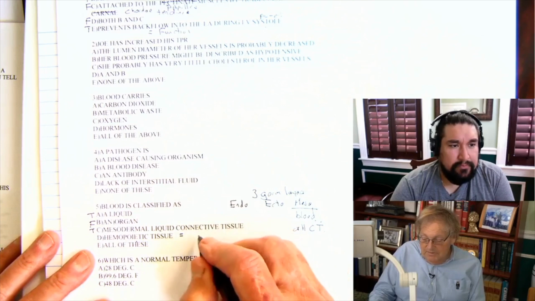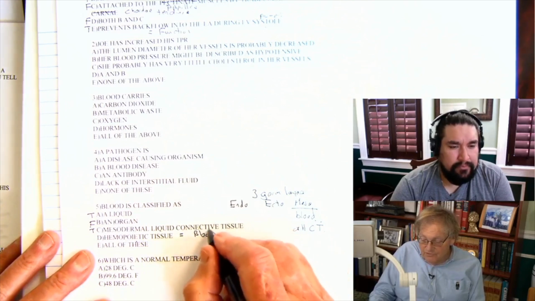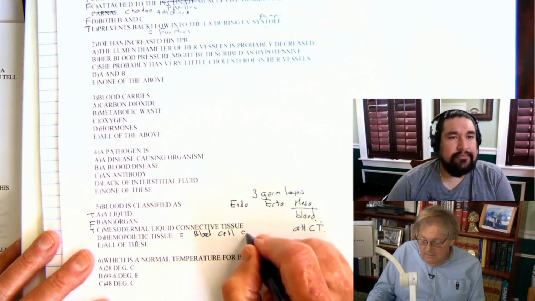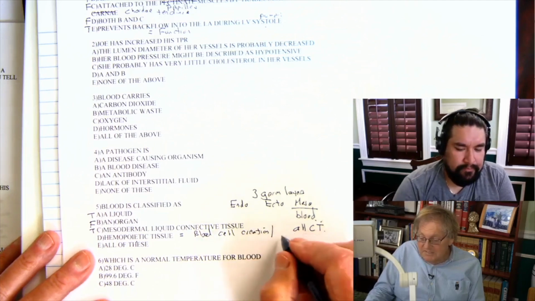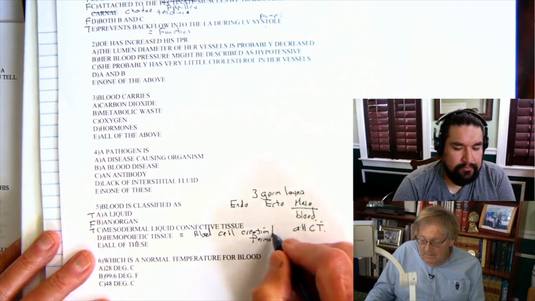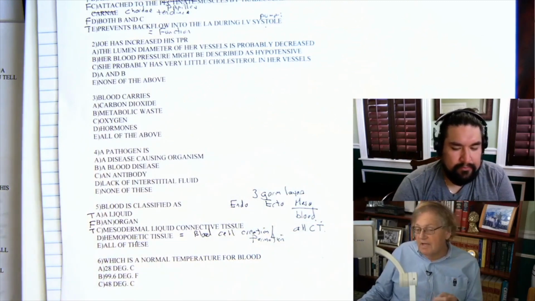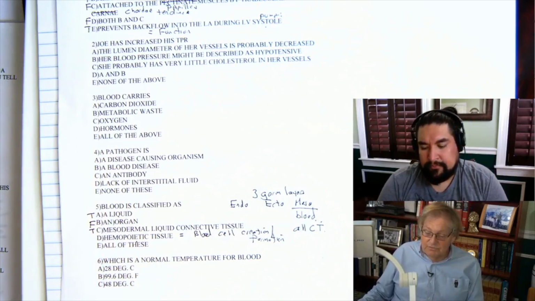So hemopoiesis is blood cell creation or formation. And I use the word creation because that's the absolute meaning of poiesis, but creation or formation. And you know, blood cannot produce itself. It has to rely on red marrow or myeloid tissue in order to do that.